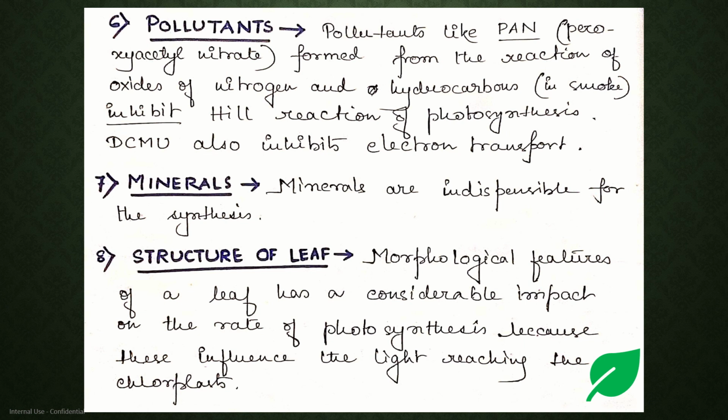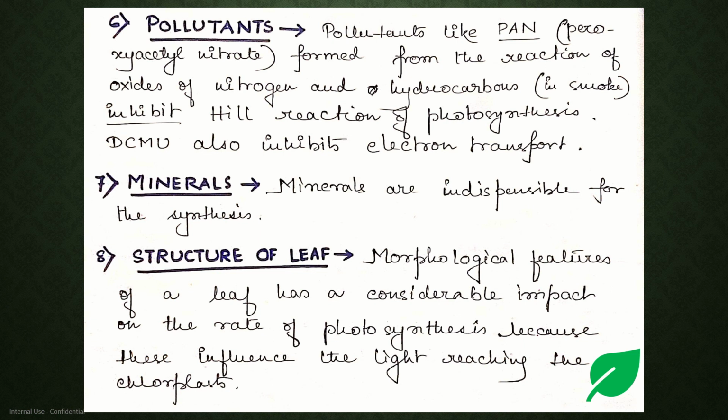If the leaf is having a bigger surface area, it will absorb more light. If it is well spread or facing the incident light, it will absorb more light than leaves that are drooping down. Okay.